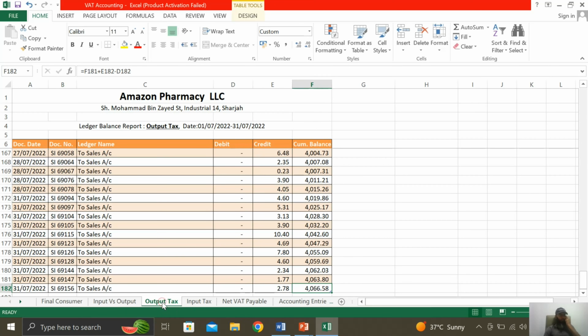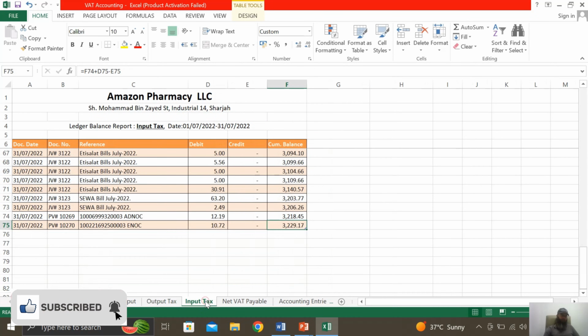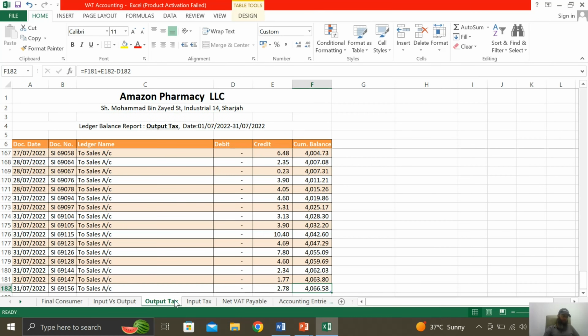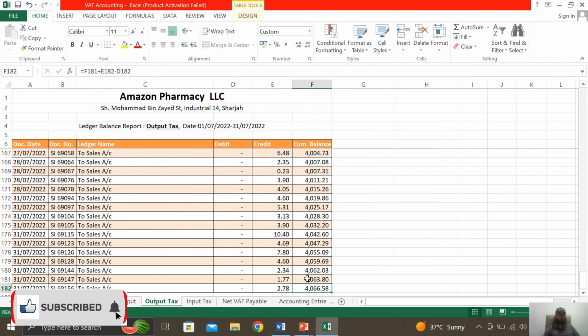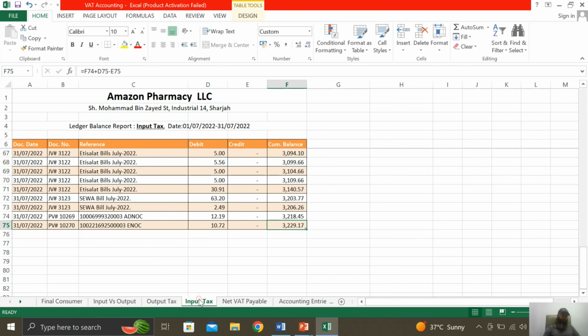Output tax is recorded in the chart of account as other current liability, and input tax will come in the chart of account as other current assets, because against the output tax you have collected from your customer, you will claim this amount.